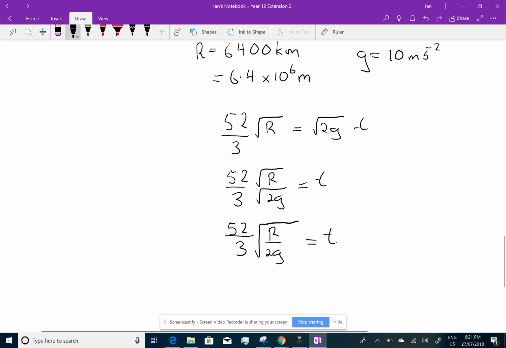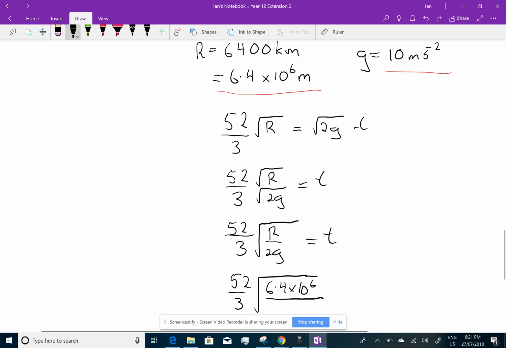Let's now put in these values, this one and this one, and I'll get 52 on 3, the square root, 6.4 times 10 to the power of 6 over 2 times 10.